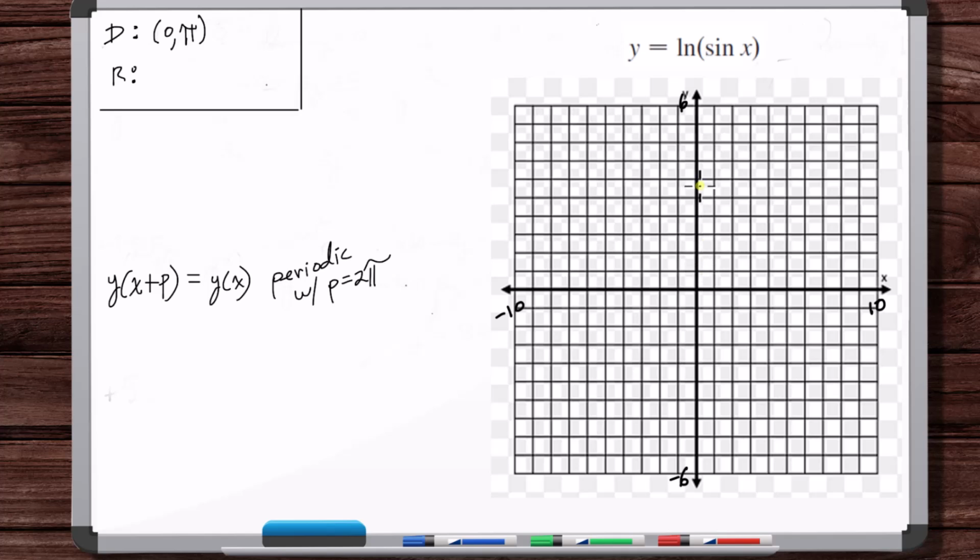So there's not going to be any y-intercept, because to have a y-intercept, x is equal to 0, and we're not defined there. X is equal to 0 is not part of the domain. So, okay, what about the x-intercepts? So we set y equal to 0 and solve for x.